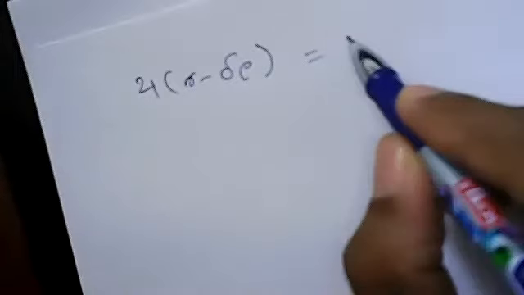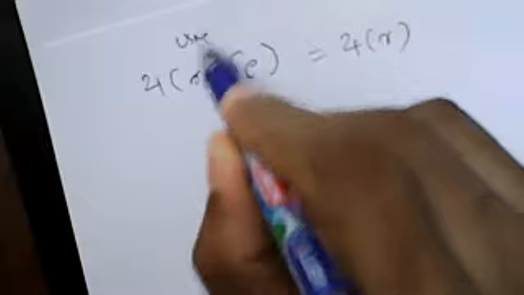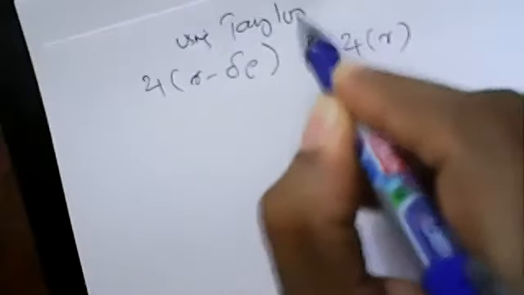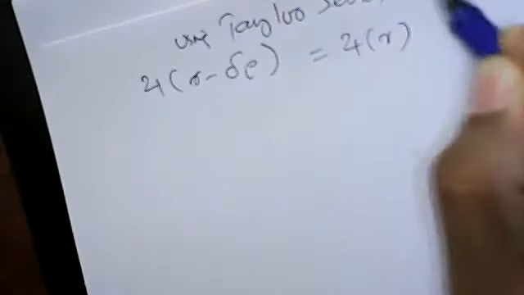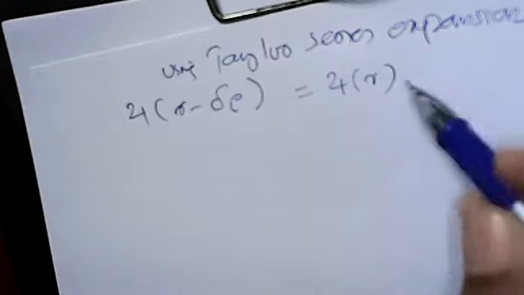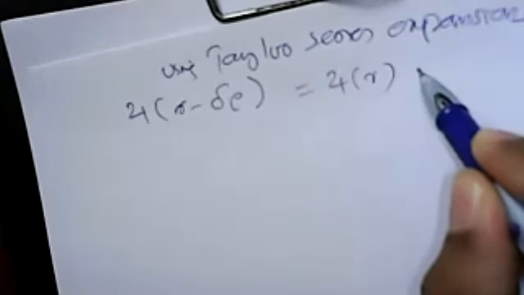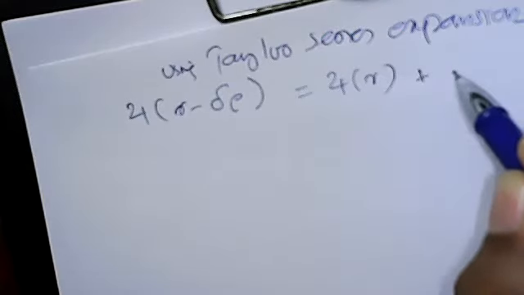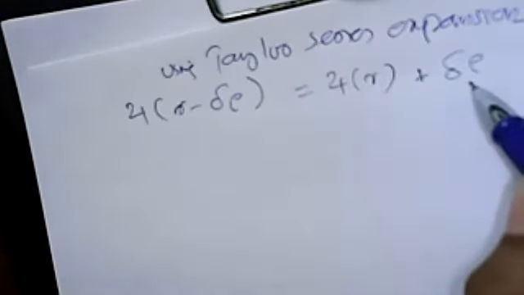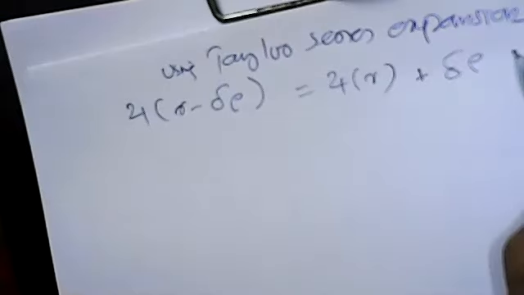Using Taylor series expansion, psi of r minus delta rho is psi of r, okay, then plus delta rho, then a small change in psi.